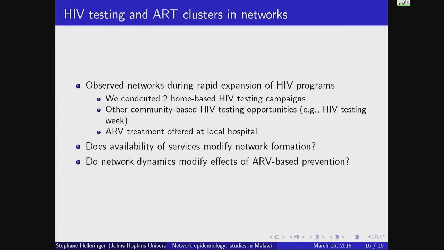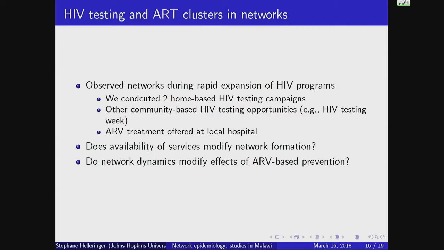And then the final thing that I'll talk about is some of the dynamics of networks we observed during a time that coincided in Malawi with very rapid expansion of HIV programs. For example, as part of the study, we conducted 2 home-based HIV testing campaigns. The Ministry of Health conducted a bunch of other community-based HIV testing events, HIV testing week, things like this.